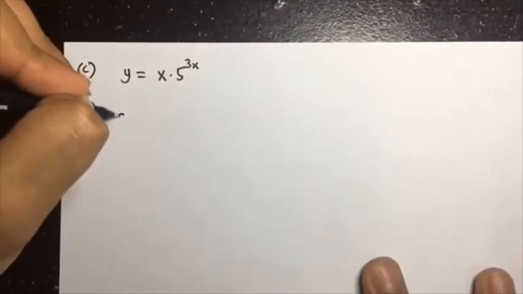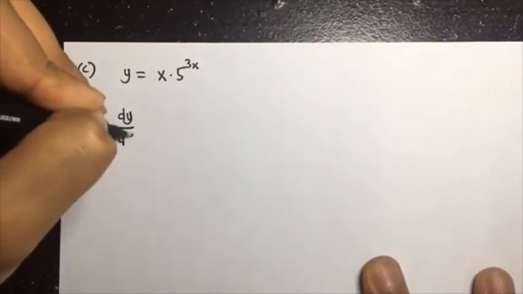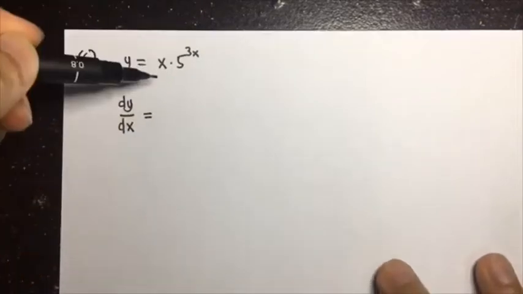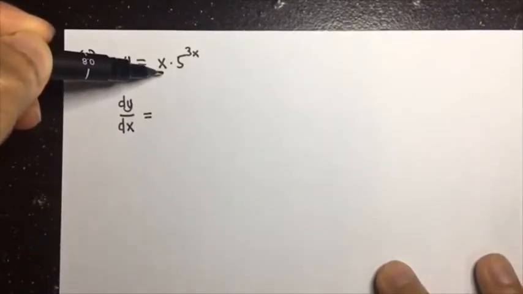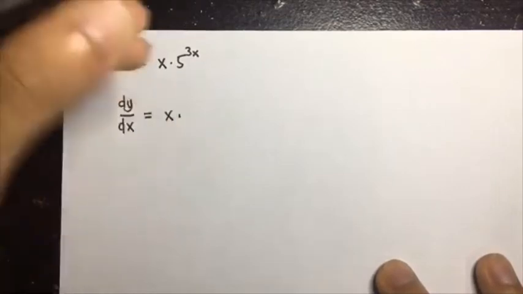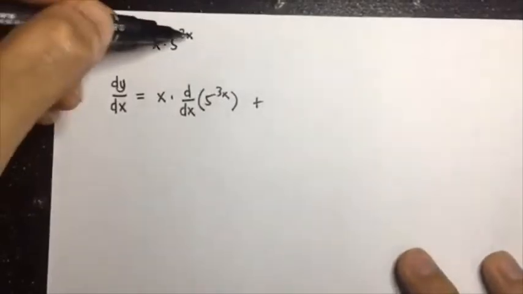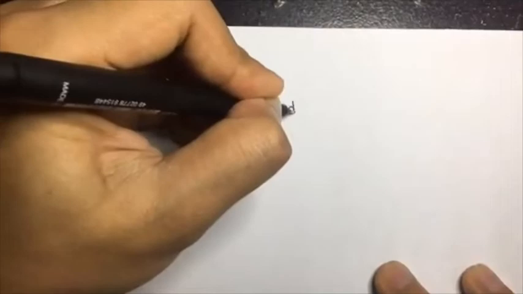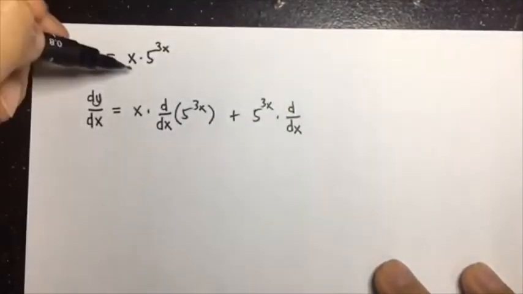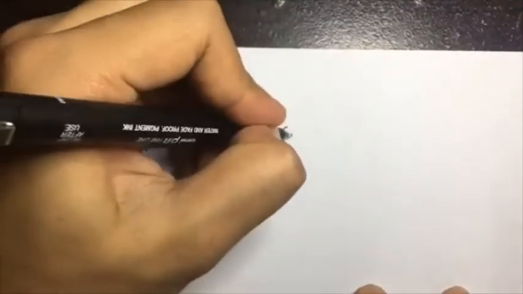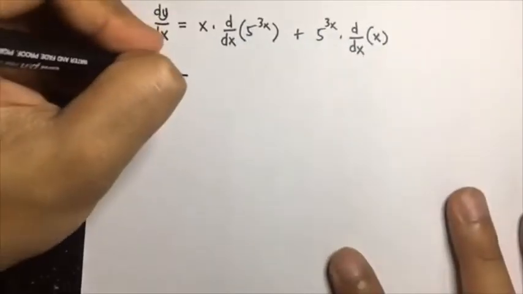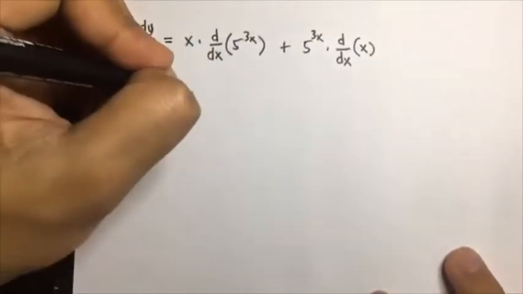So dy over dx is equal to the first factor multiplied by the derivative with respect to x of the second, so the derivative of 5 raised to 3x, plus 5 raised to 3x, the second factor, multiplied by the derivative with respect to x of the first one, which is x.